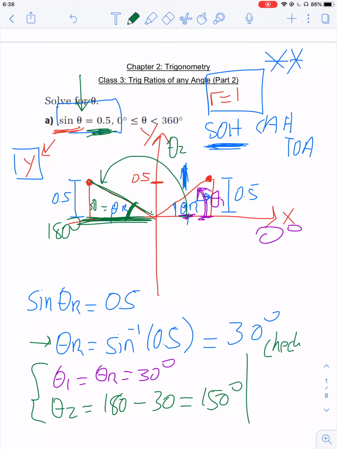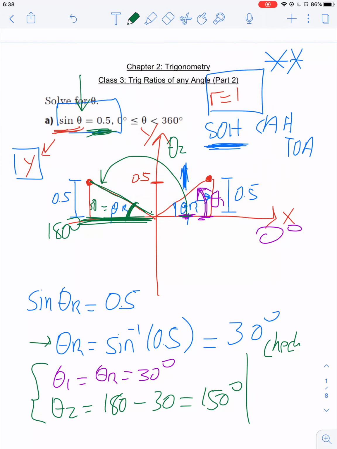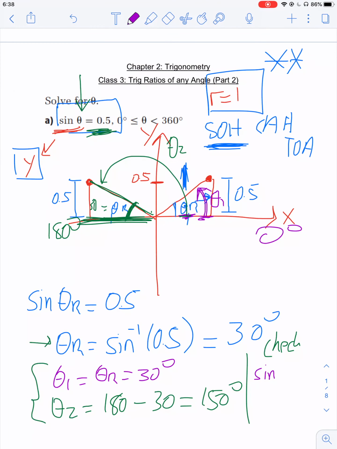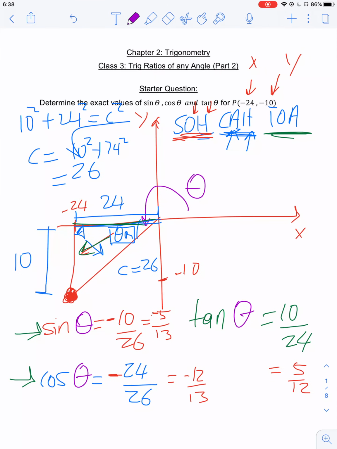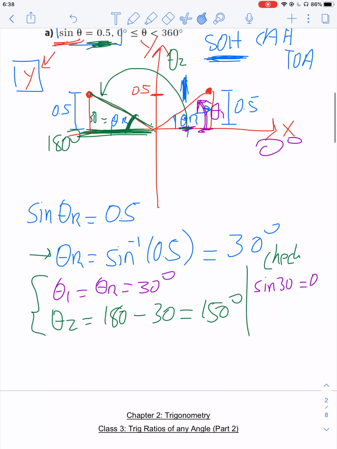Sine of 30, I'm going to be consistent with my colors. So sine of 30, if you use your calculator, does that give you 0.5? Yes, it does. It gives you 0.5. Sorry about that, I'm running out of space over here, so it's difficult to write.